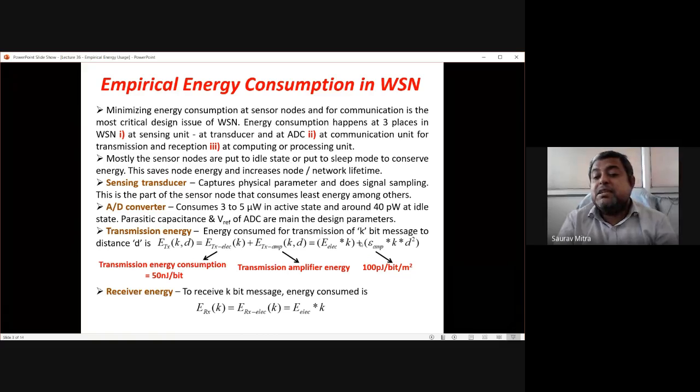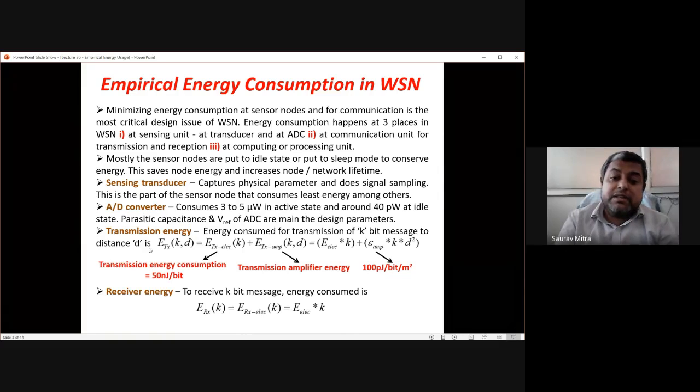This epsilon_amp is a proportional constant, given by 100 picojoule per bit per meter square. That means if you want to transmit 1 bit over 1 meter square area, 100 picojoule will be required.